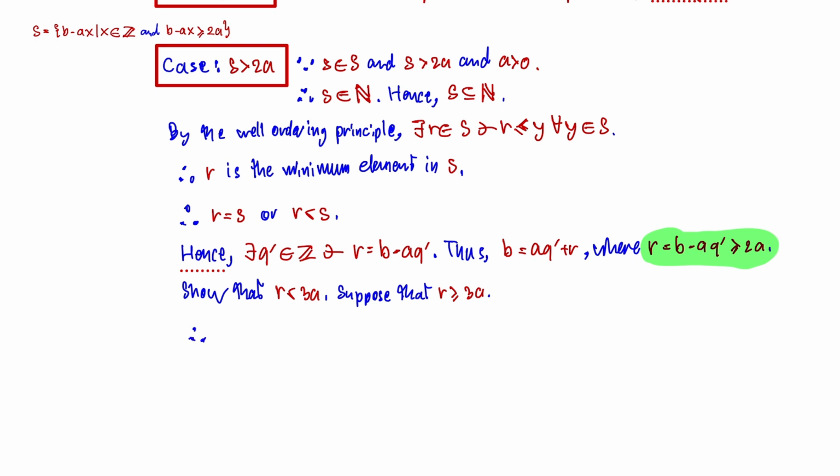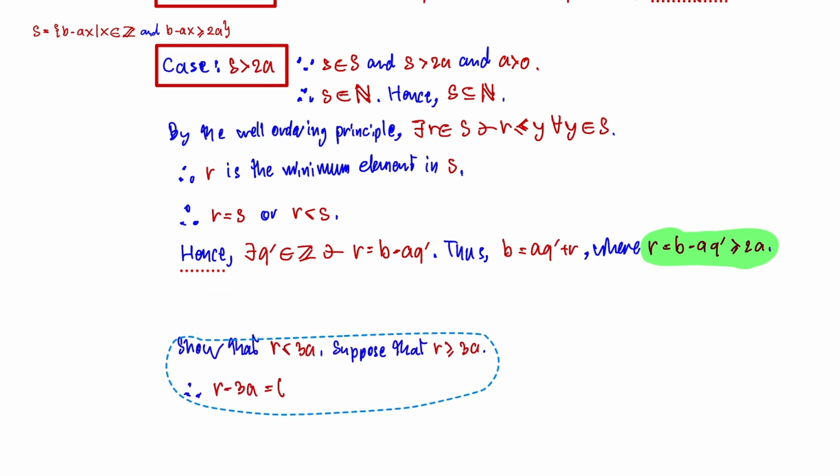So what does this mean? This means that R minus 3A is going to be, so let's plug in this R. R is B minus AQ, right? I forgot to write this.